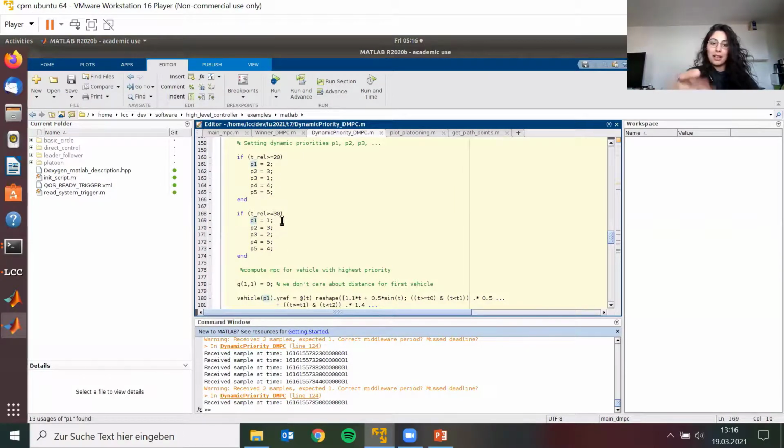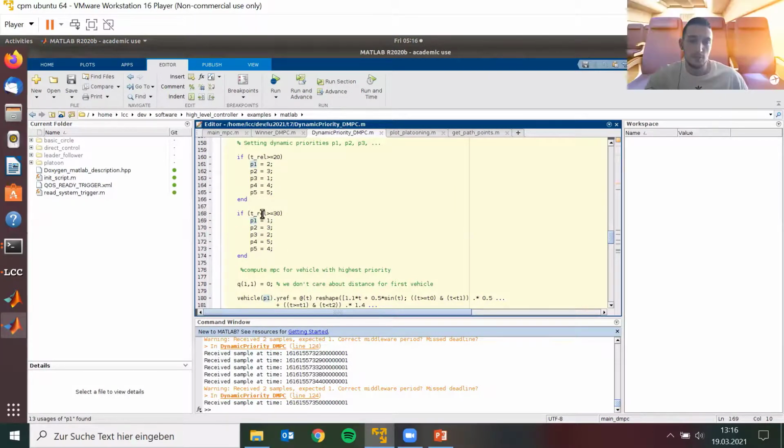Not yet, but you can, for example, add here that vehicle 1's time is bigger than 50, or bigger than 2, as you like. And what I mentioned earlier was that you can say, okay, if vehicle 2 is too close to vehicle 1 or something, so you can make it really, really adaptive.